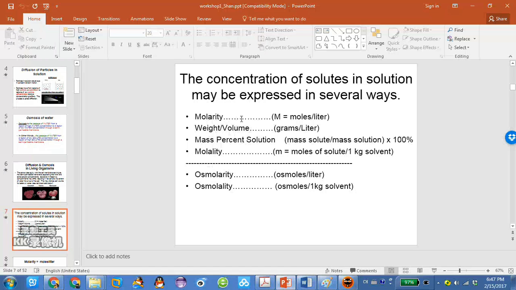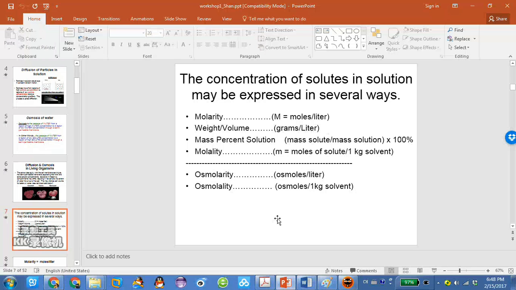The first one is molarity. Molarity, from the unit, means how many moles of solutes you have in 1 liter of solution. And the second one is weight per volume. It is expressed as grams per liter. It means how many grams of solutes you have per liter of solution.